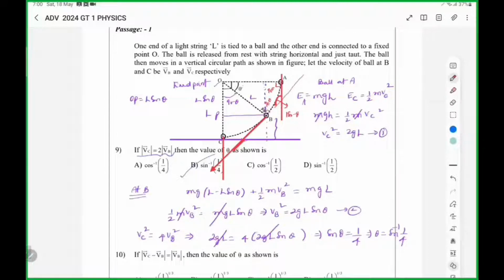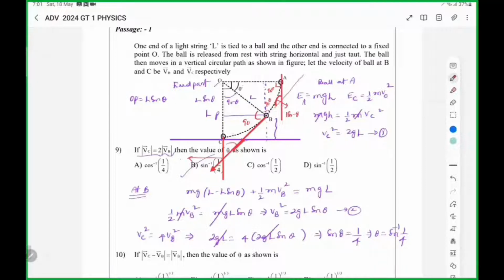So this angle here is 90 minus theta. This is 90. Sorry, not this angle. What we have to find out is this angle. The Vc direction is this. So it is 90 minus theta.